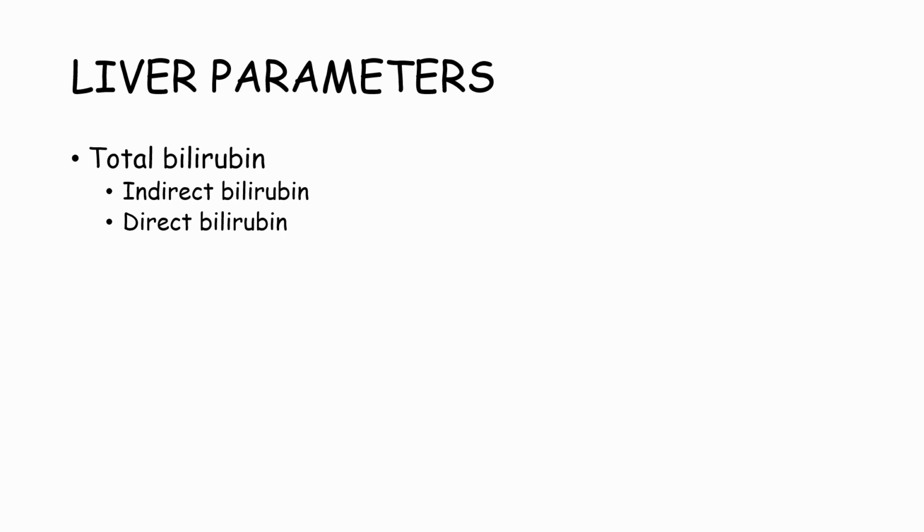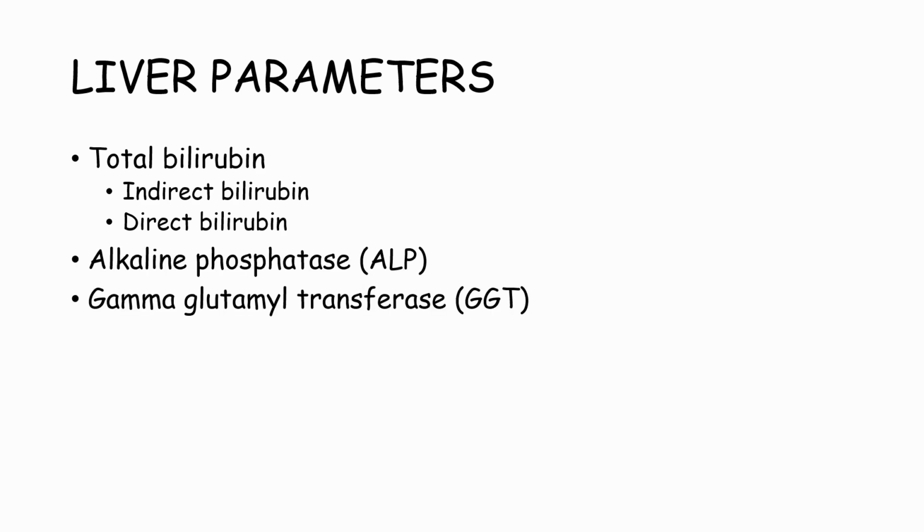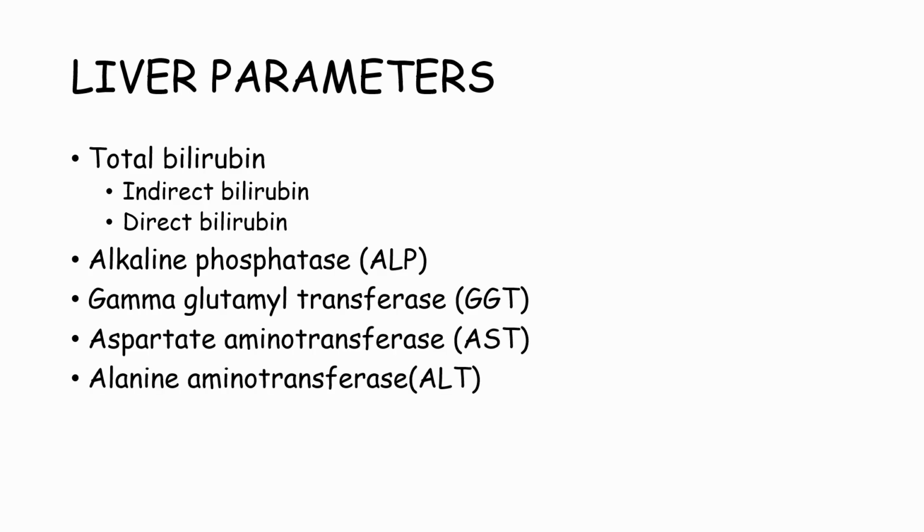Alkaline phosphatase and gamma glutamyl transferase will be elevated in obstructive jaundice. AST-ALT are elevated in hepatocellular jaundice. If the AST-ALT ratio is more than 2:1, the probable etiology is alcohol. If ALT is raised, it is probably non-alcoholic or viral.